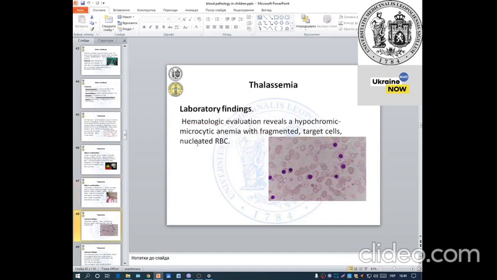Typical laboratory findings for thalassemia are hypochromic microcytic anemia with target cells and nucleated red blood cells, elevated fetal hemoglobin, indirect serum bilirubin, and serum iron level.